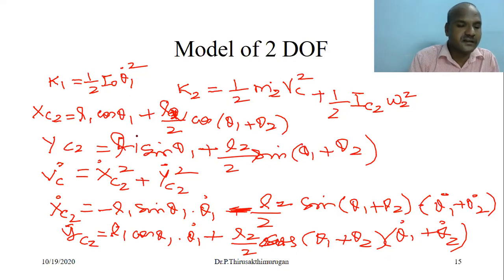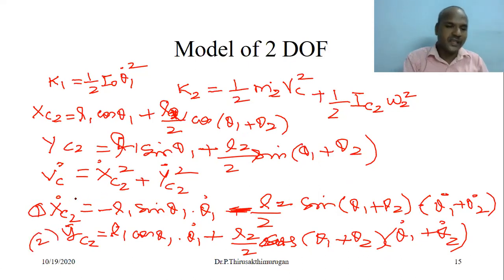Once you differentiate this, you square equation number 1 and 2 and add. What happens when squaring these two? You can easily get the expression.